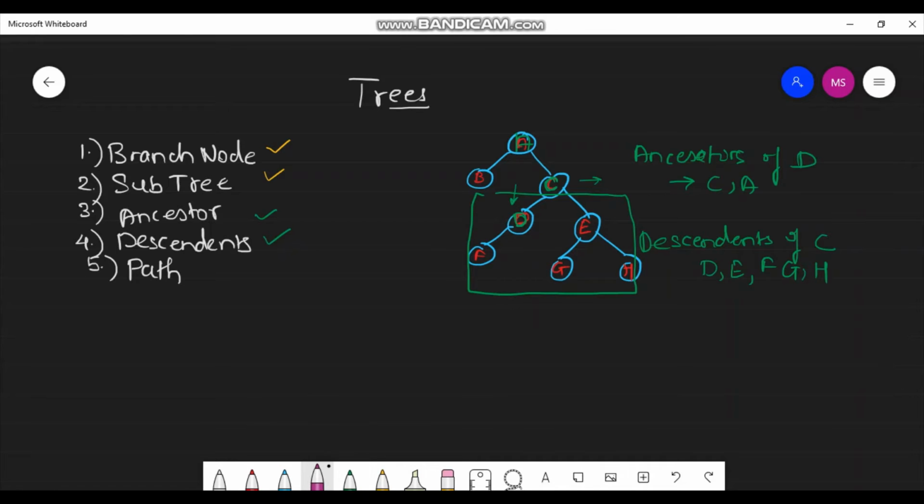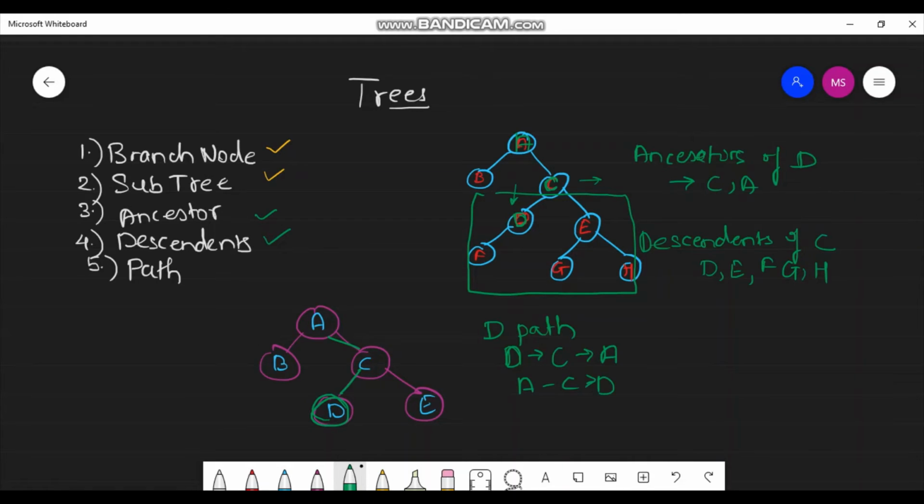So what is path? If I'm taking this example, and you are asking me about the path to D, it will be C and A. So you can write A, C, D. It should be written this way, and the reverse should be avoided.